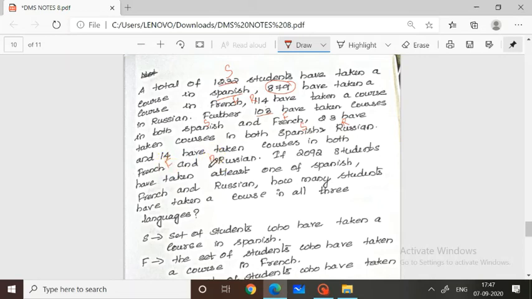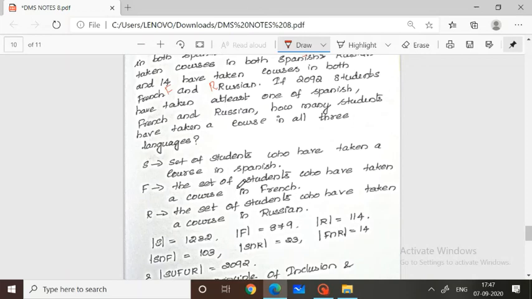So like this you can write this. Now, if 2092 students have taken at least one of Spanish, French and Russian, how many students have taken the course in all three subjects? That means they have taken either Spanish or French or Russian.